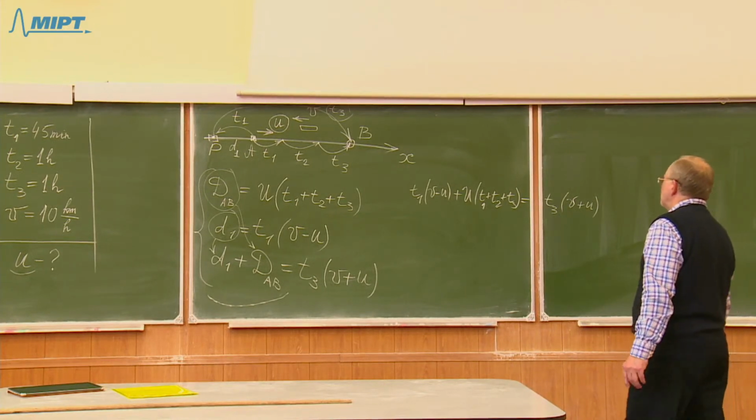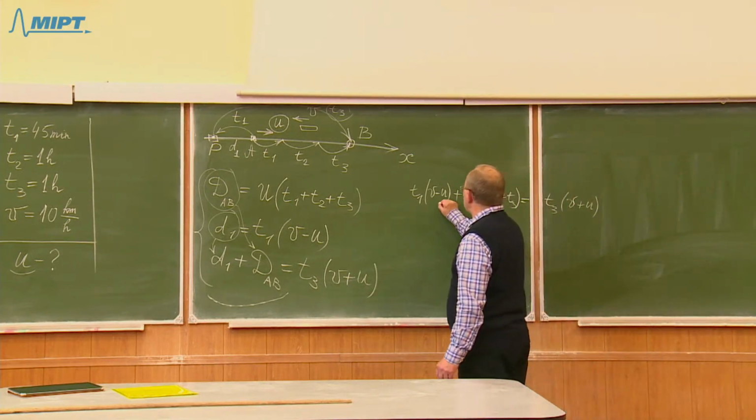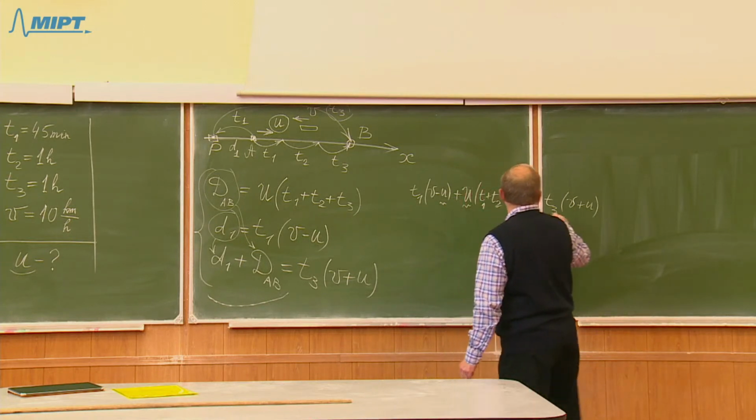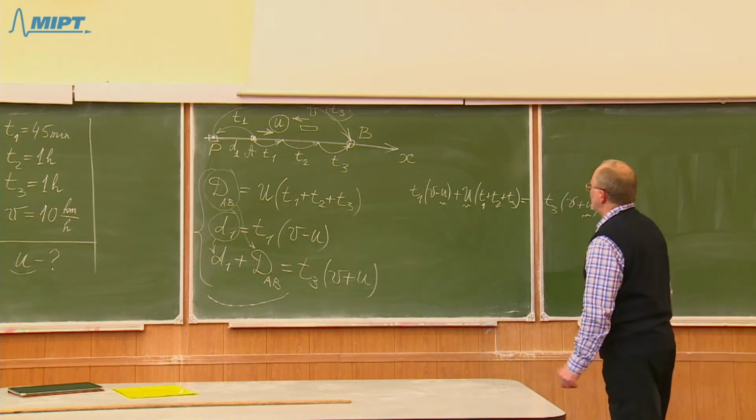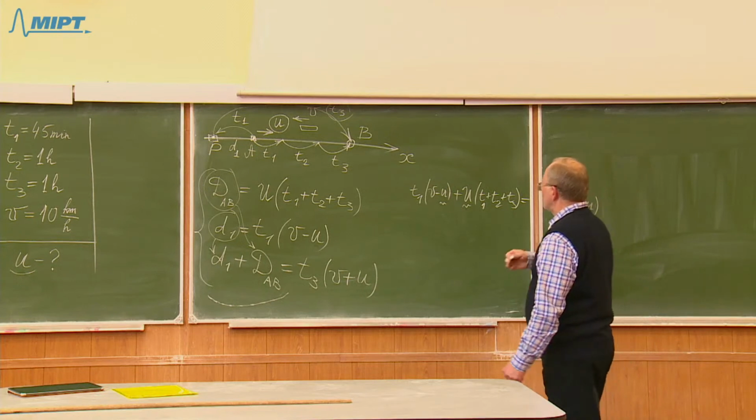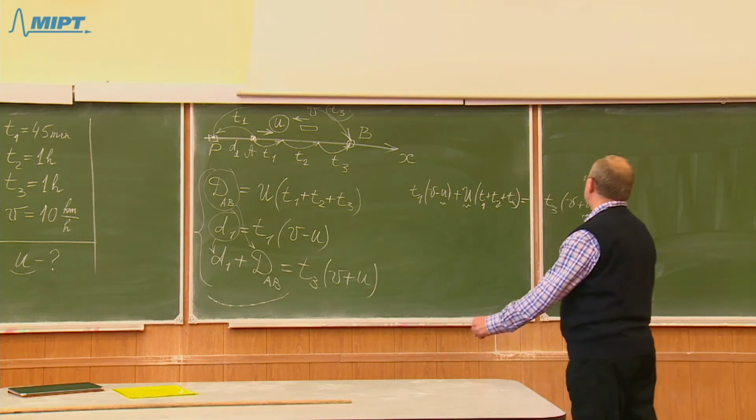From here we must find this unknown quantity u here and here and here. In order to find it, we have to make some algebraic transformations in this equation.